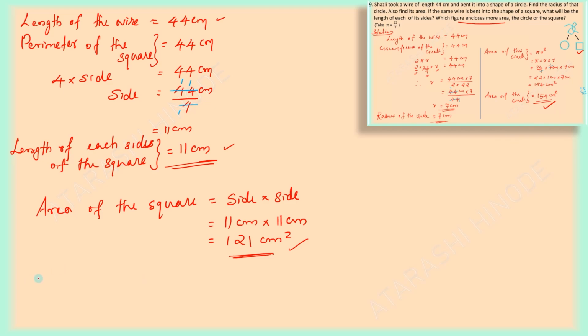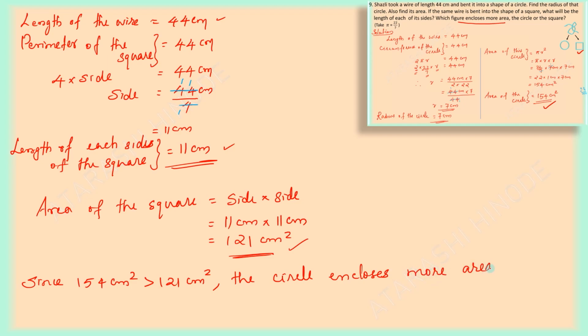So let us write, since 154 centimeter square is greater than 121 centimeter square, the circle encloses more area.